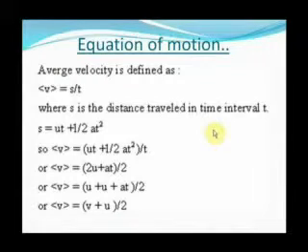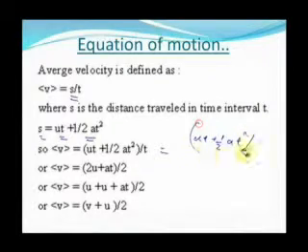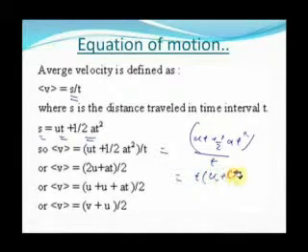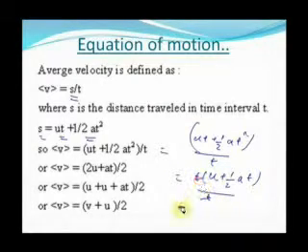Now we'll see how average velocity is related with initial and final velocity. So we know that average velocity is defined as s by t, where s is the distance traveled in time interval t. Now just now we have derived that s is nothing but ut plus half at square. So average velocity would be ut plus half at square by t. Now this can be written as, first we can take t common in the numerator, so we'll get u plus half at by t.